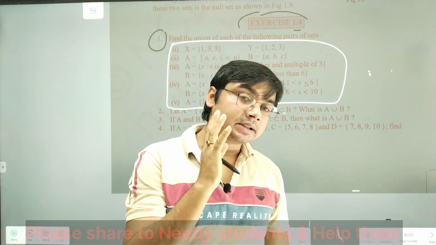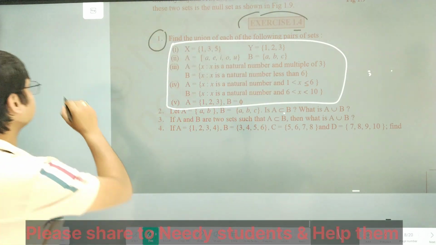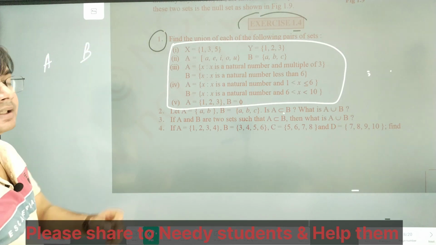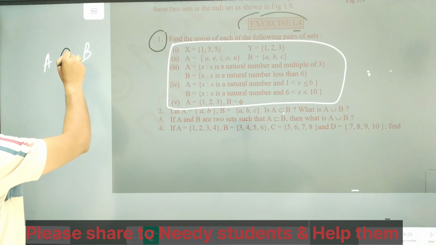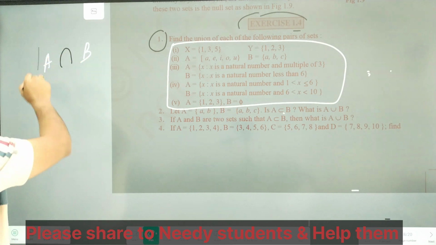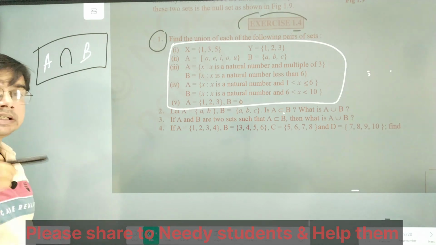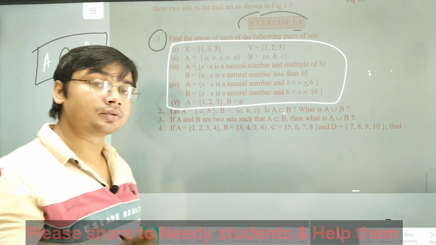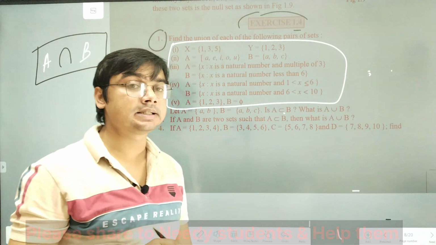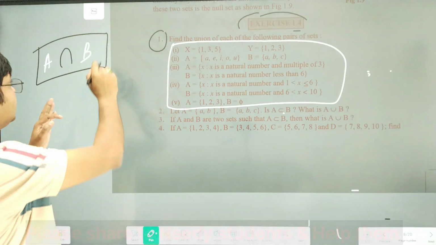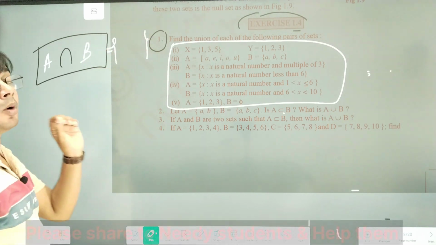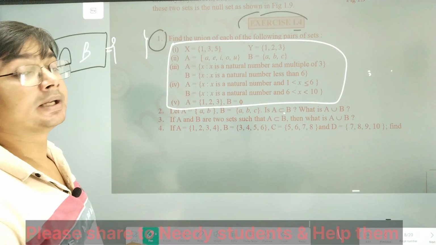Suppose A is a set and B is a set, then the intersection of these two sets is denoted A intersection B. This is also a set, and it consists of all the common elements of A and B.